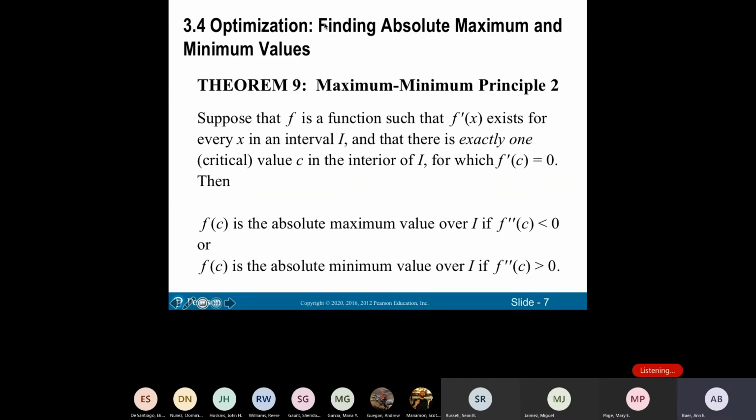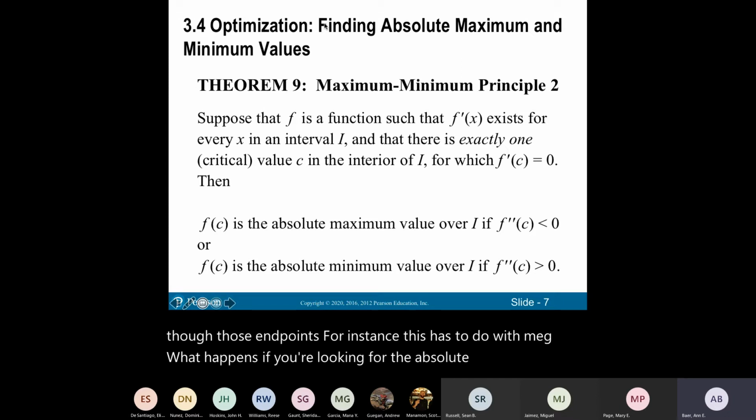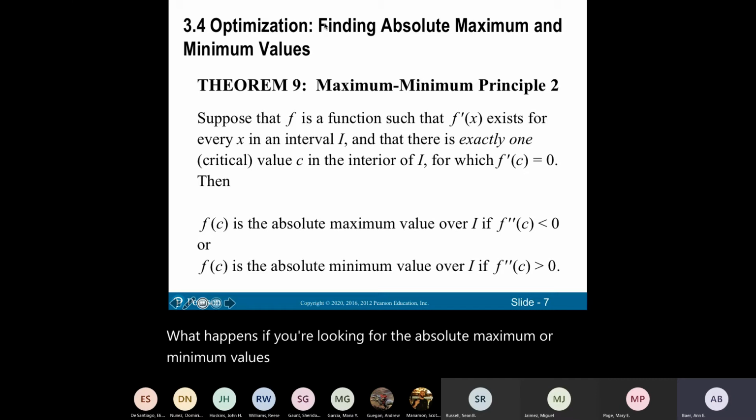Now this has to do with open intervals, really, where you don't have those endpoints. For instance, this has to do with what happens if you're looking for the absolute maximum or minimum values over -infinity to +infinity, or 0, not including 0 to +infinity. That's what we're talking about here.